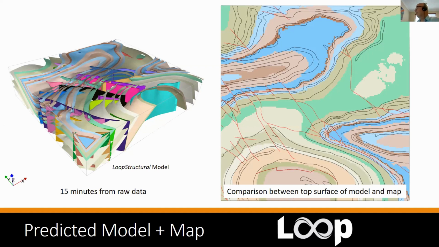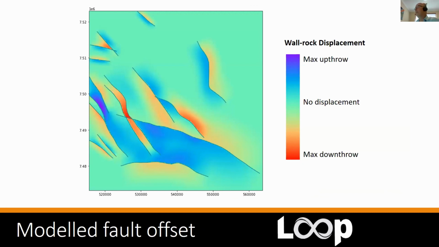And on the right-hand side, we're seeing the black lines of the original geological map, and the colors are the predicted geological map from the 3D model that we just built. So it gives us an idea of how well we're able to reproduce our original observations as well. But it also allows us to extract types of information such as this. And this is the displacement, not calculated directly from the map, but predicted by the 3D model.